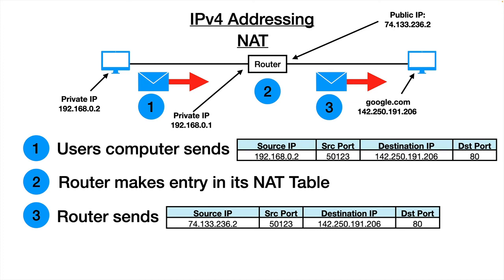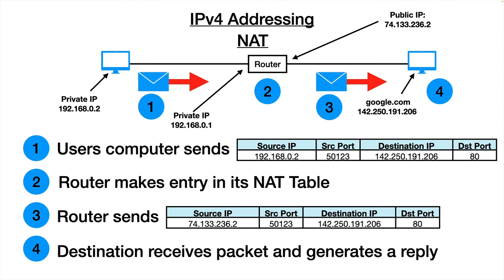It will then readdress the packet, listing the router's public IP address now as the source, same source port, same destination, same destination port. So it changed the source IP address from the PC that really sent it to the router, and then it will send that packet to Google, which will read the packet on port 80, presumably a web server port, and respond.